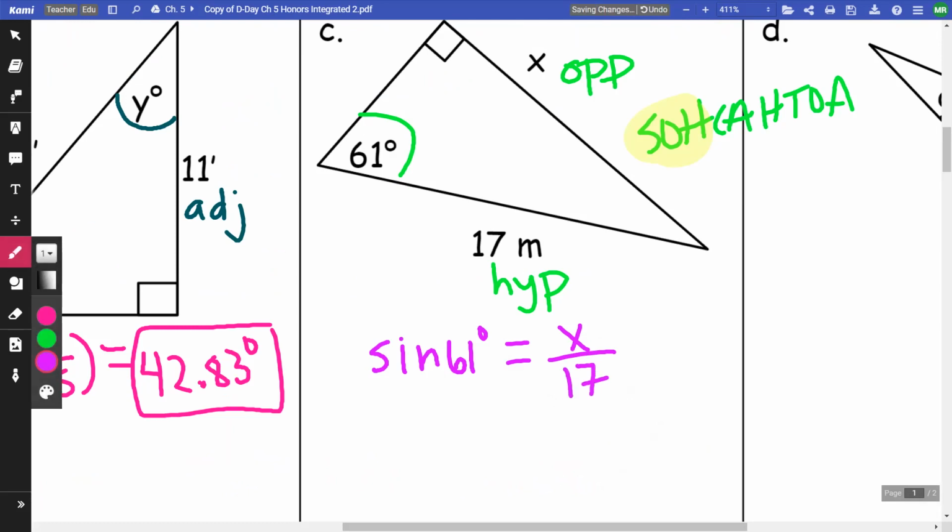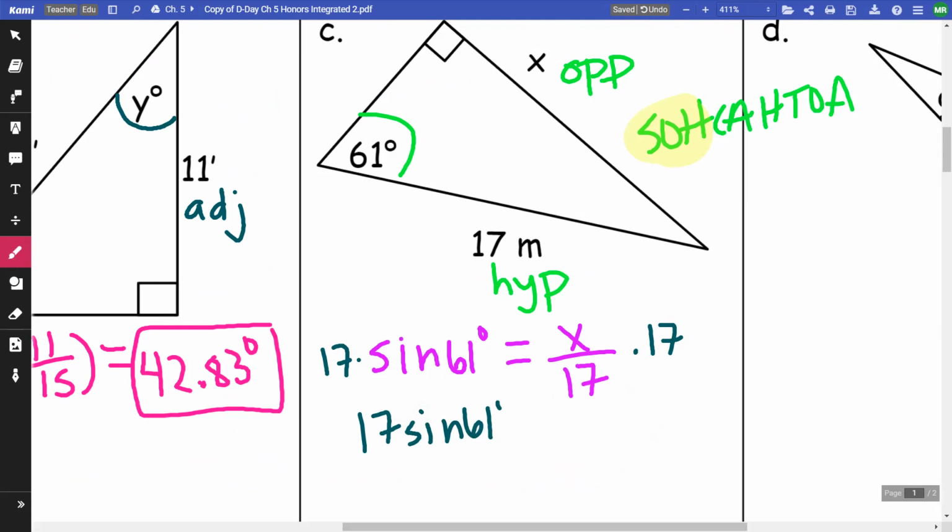I am going to multiply both sides by 17. So I'm going to times this by 17, times this side by 17. So I get 17 sine of 61 degrees, and these 17s cross out. So I'm going to put that into my calculator.